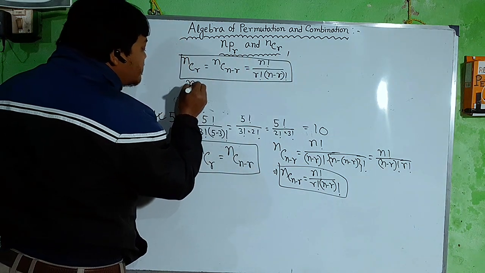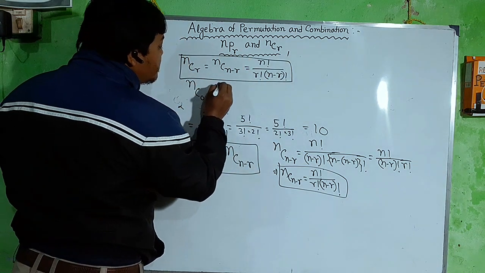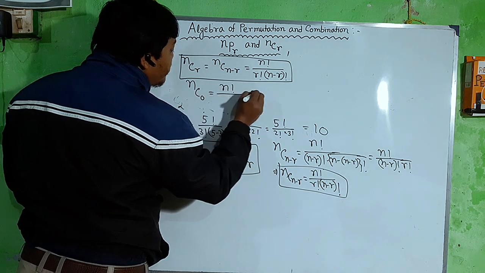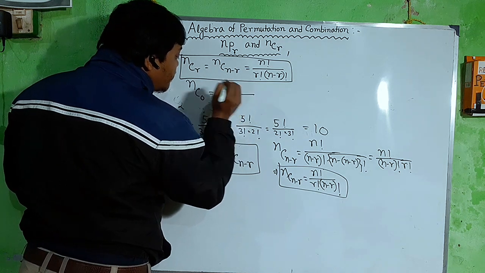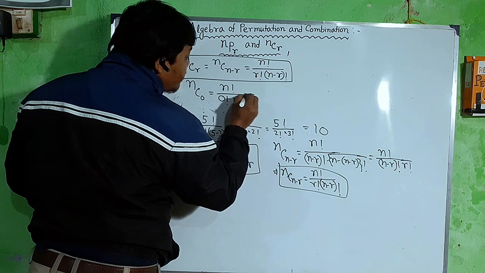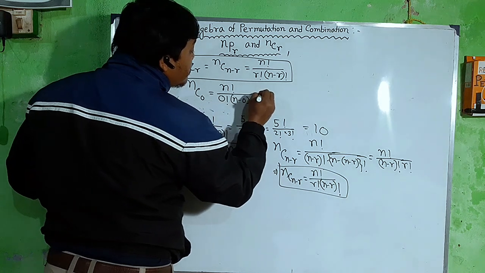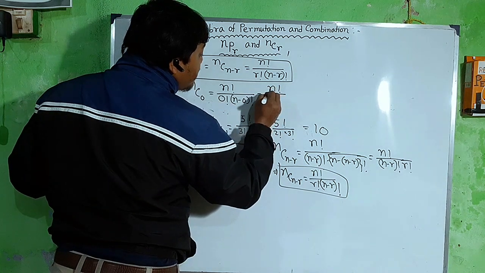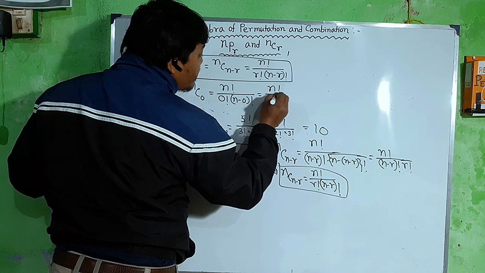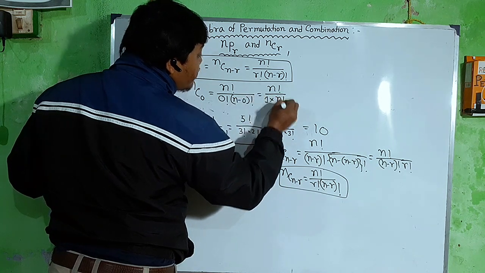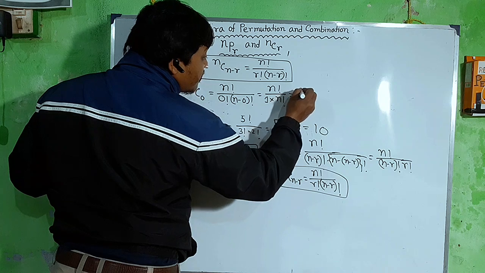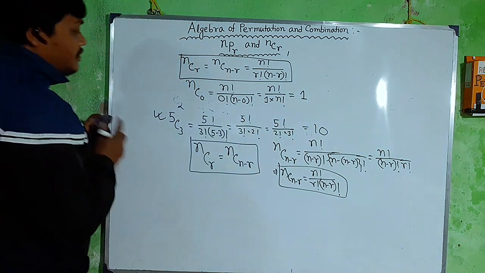So what about nC0? By definition, nC0 is n factorial by 0 factorial into (n minus 0) factorial. So you will get n factorial, 0 factorial equals 1, and (n minus 0) factorial is also n factorial, and n factorial cancels, that gives 1.